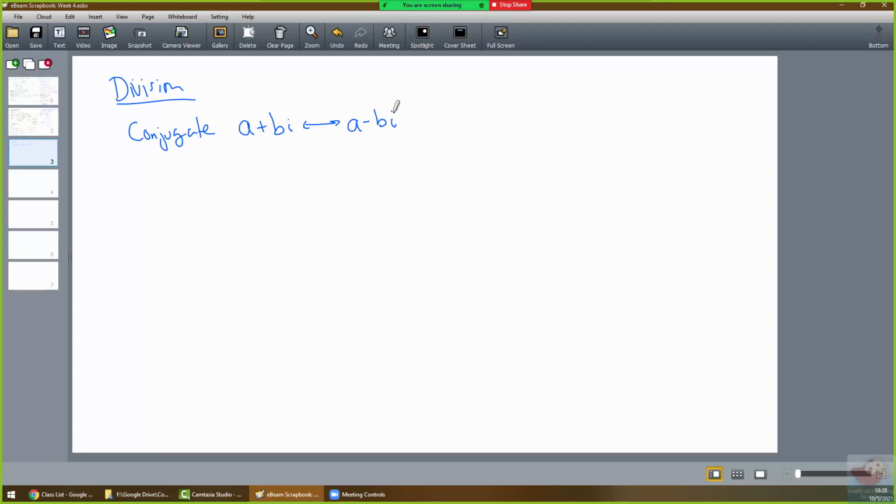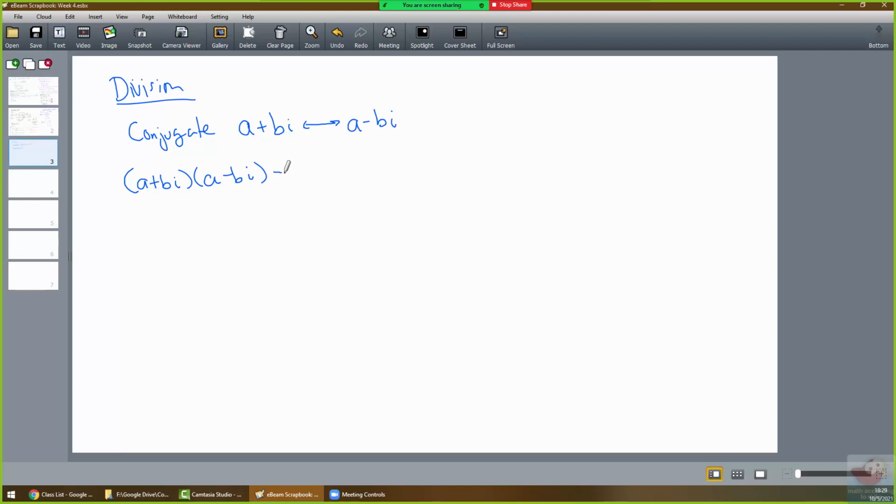The whole purpose of a conjugate, either with a square root, like 2 plus square root of 3, or in this case 2 plus 3i, is that when you multiply a number by its conjugate, then the radical goes away. So for instance, if we did a plus bi times a minus bi, we will get an expression that no longer has an i.